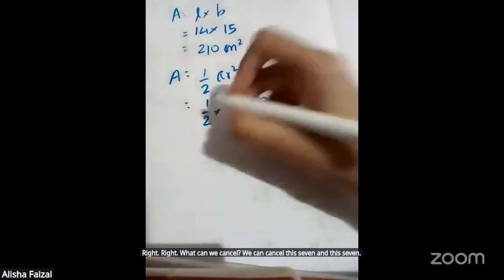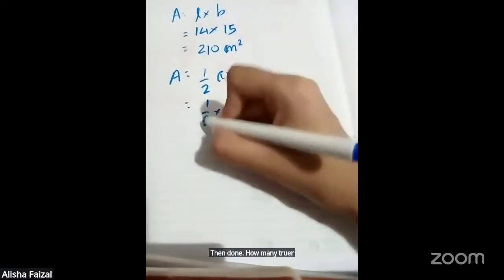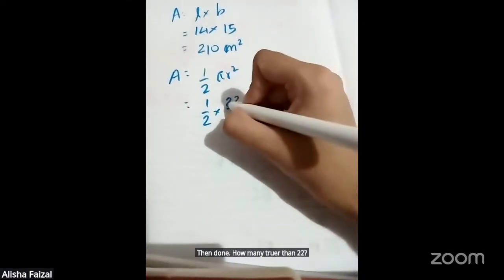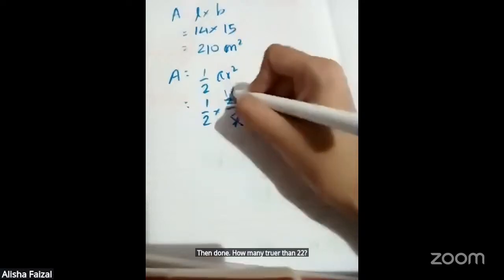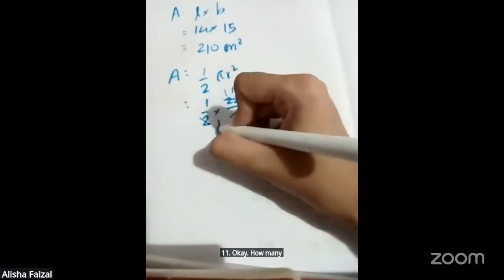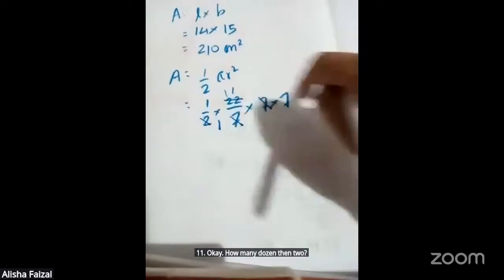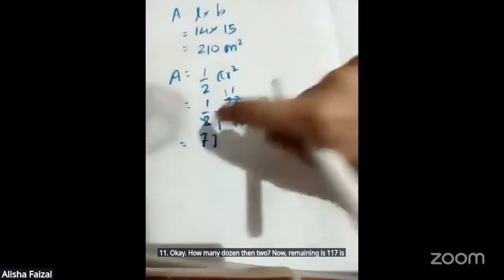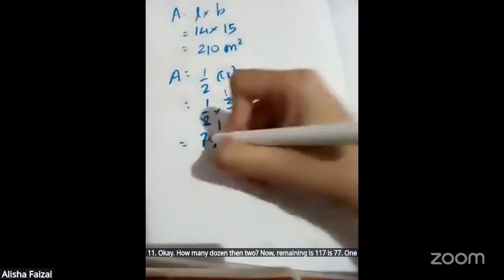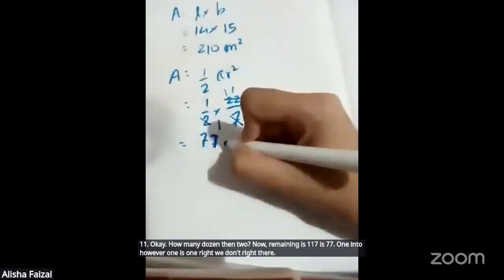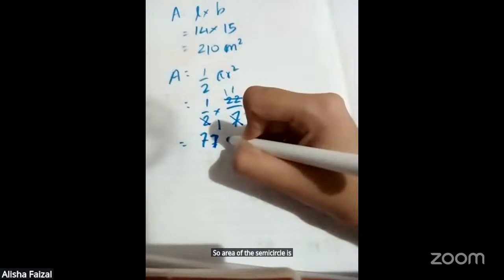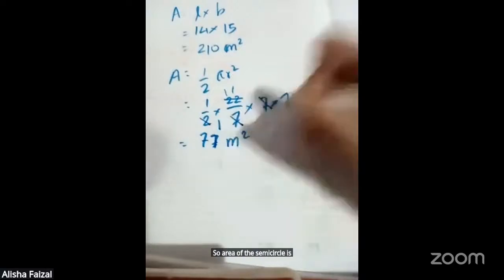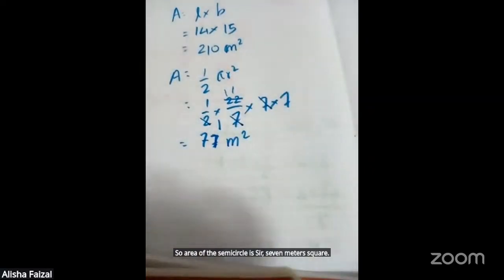Then, how many 2s are there in 22? 11. How many 2s are there in 2? 1. Now the remaining is 11 into 7, which is 77. 1 is 1, we don't write that. So the area of the semicircle is 77 meters squared.